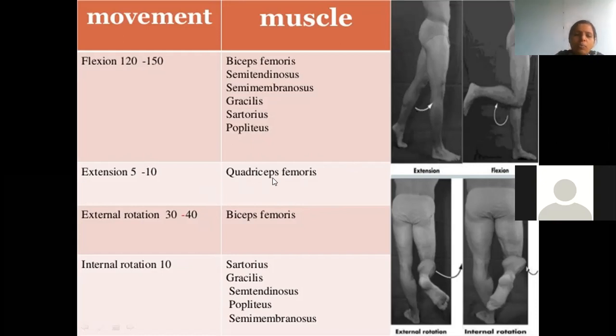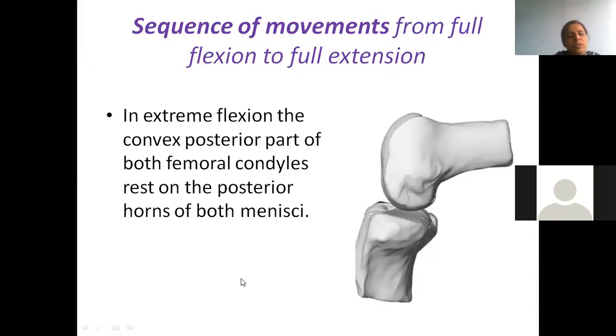This is brought about by quadriceps femoris, the front of the thigh muscles. External rotation, something like this. That is biceps femoris, 30 to 40 degrees is permitted. Internal rotation, when you take it inside a little like this, we have sartorius, gracilis, semitendinosus, popliteus, and semimembranosus. So the movements and the muscles bringing about the movements are also important.